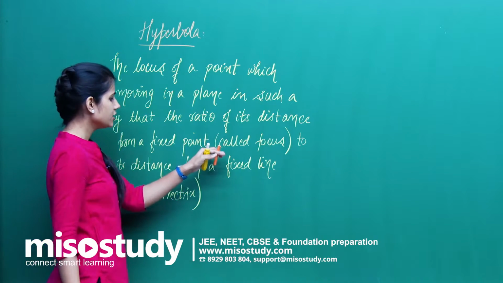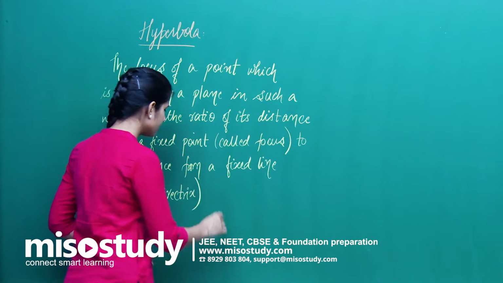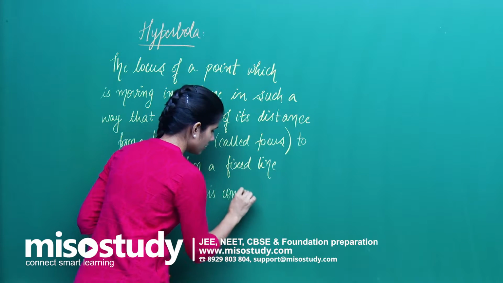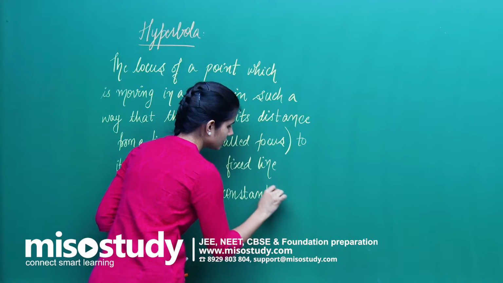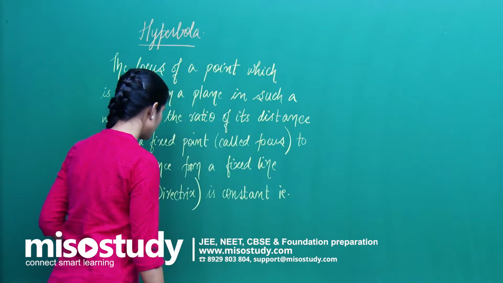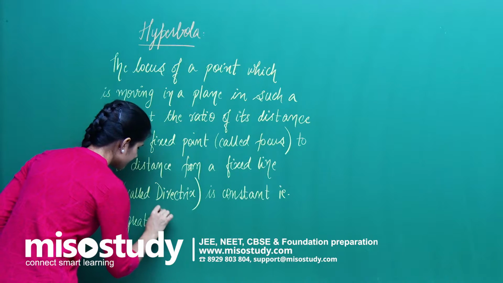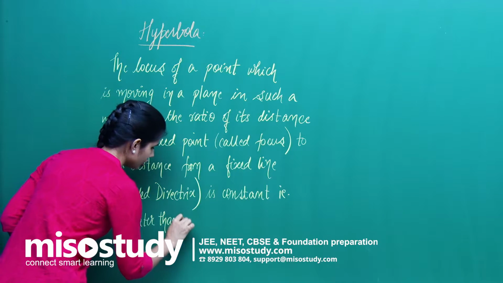The ratio of its distance from a fixed point to its distance from a fixed line is constant, that is greater than unity.